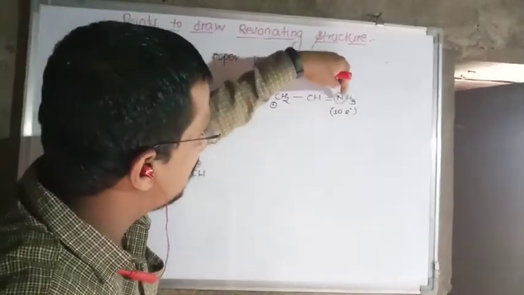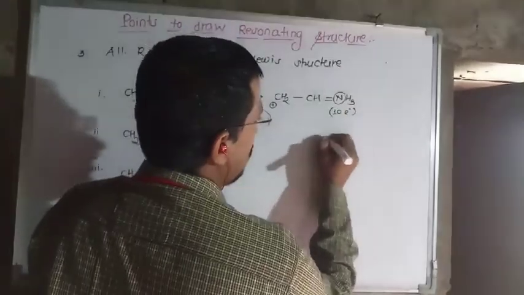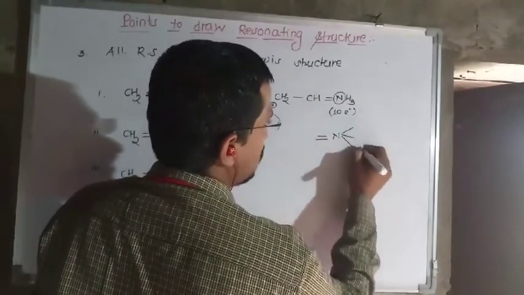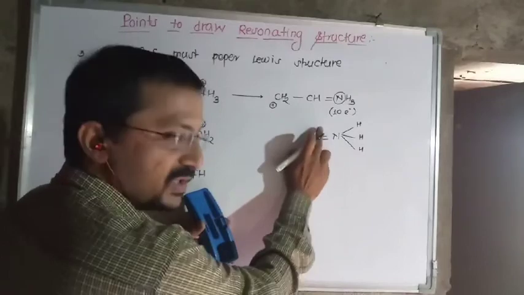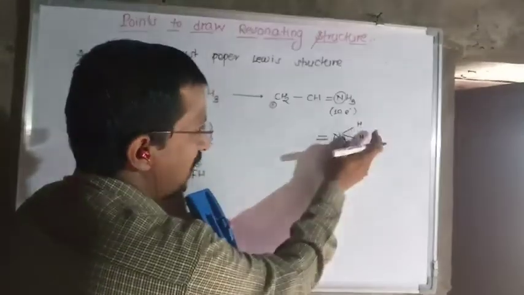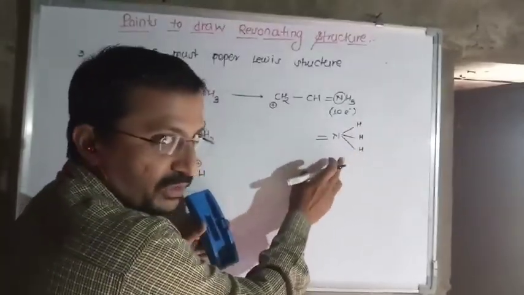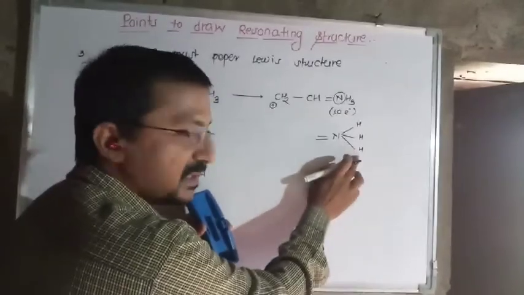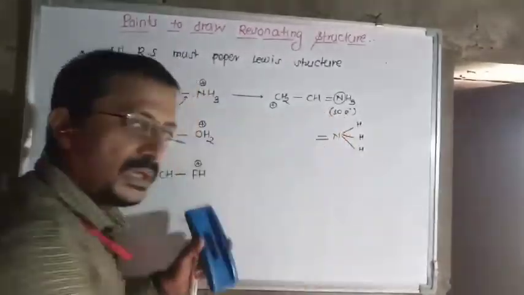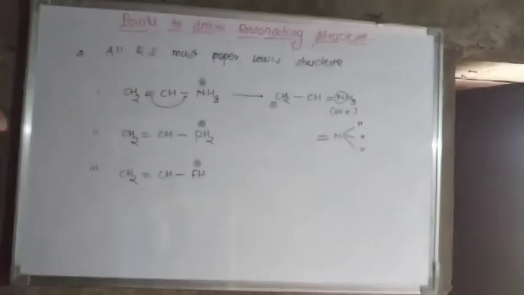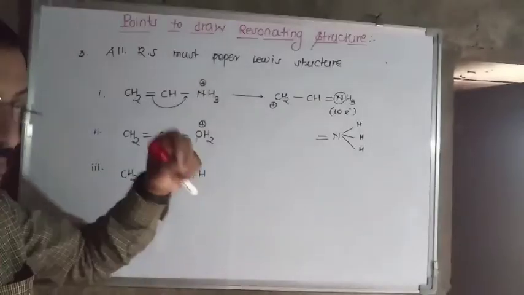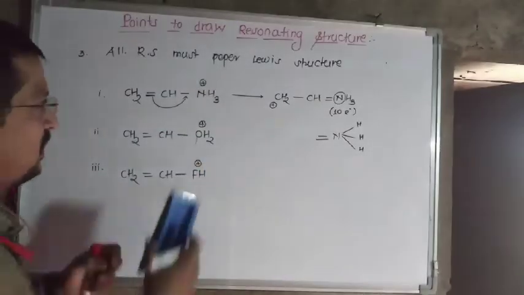Why? Because there is a double bond and also 3 hydrogen atoms, so on the left side of this nitrogen there are 2 bonds, meaning 4 electrons, and on the right side nitrogen has 3 bonds, meaning 6 electrons. So this is 4 + 6, 10 electrons. So it is a violated case. In this case also the oxygen and also fluorine expand their octet. So it is not possible. There must be a proper Lewis structure.